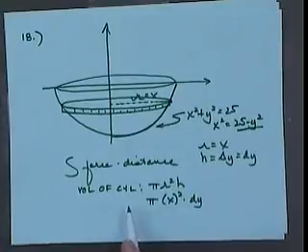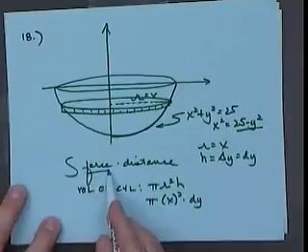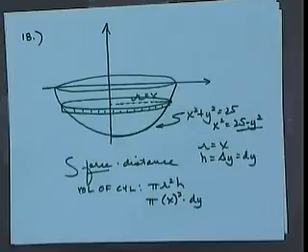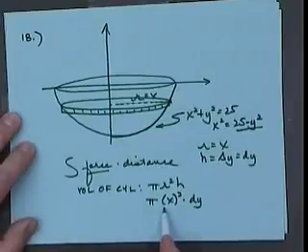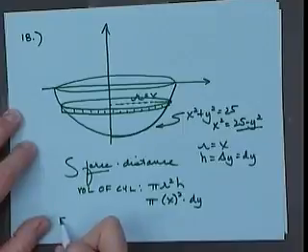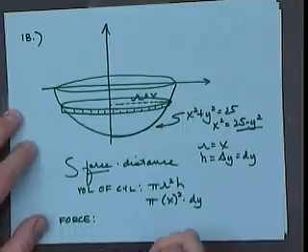How much force is it going to take to move that amount of water? We need to do what with this? We don't need volume. We want weight, right? Force. So we need to multiply this by the density, 62.5.